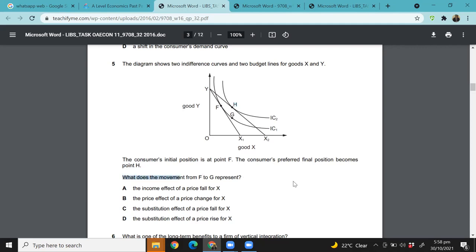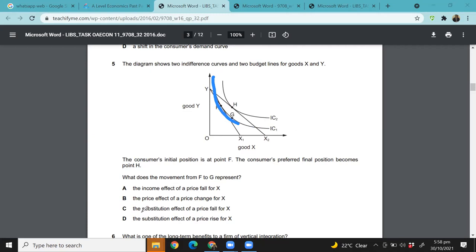What does the movement from F to G represent? Do you remember we talked about this? If there's a movement along the same indifference curve, so can you see there is movement along the same indifference curve? F and G are on the same indifference curve. So what is that called?